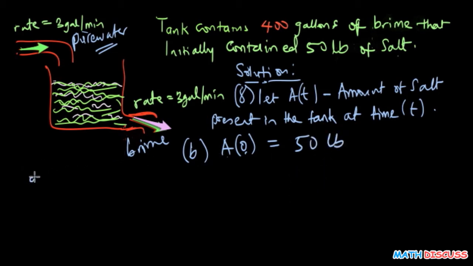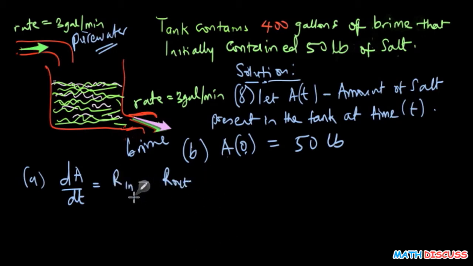Now the next part, which is A, is to find the differential equation that actually models the process going on here. According to the assumption for mixtures, the rate of change of the amount of salt in the tank equals the input rate, which I'm going to call R in, minus the output rate, which I'm going to call R out.